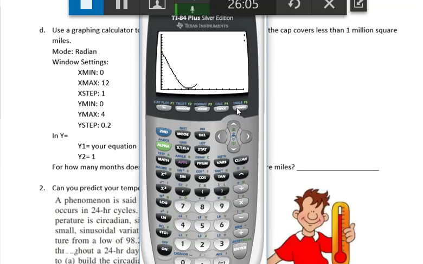All right, so this is my cosine graph. And then that's when the y equals 1. So can you see the part where the ice cap is below 1 square mile? Yeah, it's happening right here. So about what month does it start to go below 1 square mile? February. Yeah, month 2. Around month 2 it starts to go below.